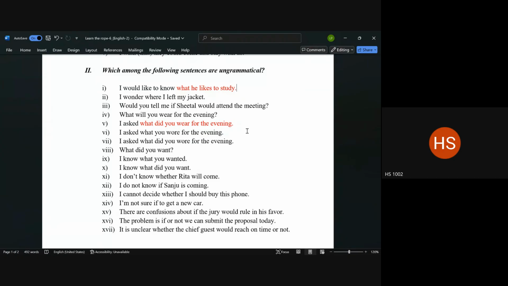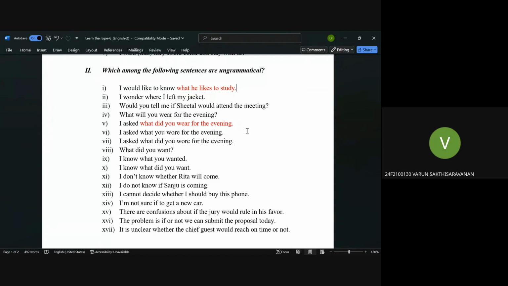Now that's the reason why in the fifth sentence, we have got it grammatically wrong, because this is a clause and a clause cannot be in the format of a question sentence, right? So "what did you wear for the evening?" Is this a question or a clause?